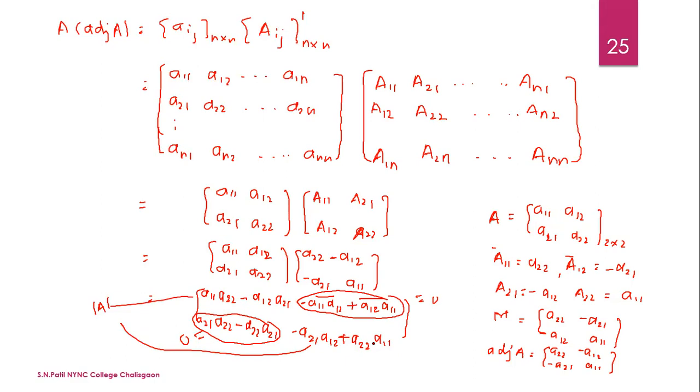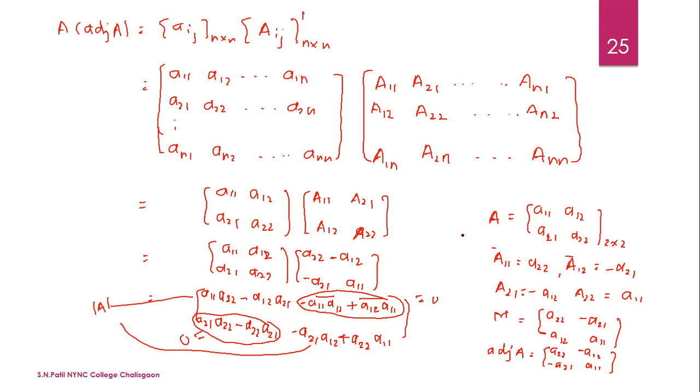So when we have the 2 by 2 matrix, we get a diagonal matrix whose non-diagonal elements are 0 and whose diagonal elements are the determinant.